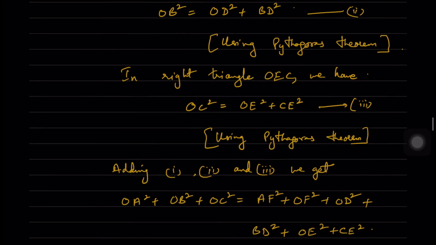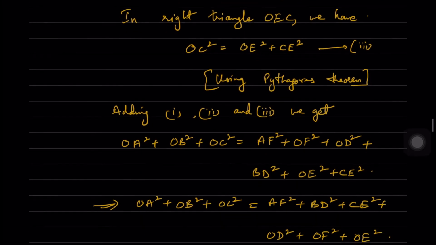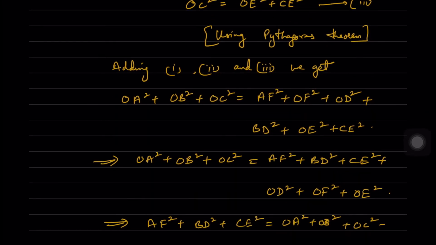Now adding all these three, we get OA square plus OB square plus OC square is equal to AF square plus OF square plus OD square plus BD square plus OE square plus CE square. So now you take AF square, BD square and CE square and write them together, and OF square, OD square and OE square together.